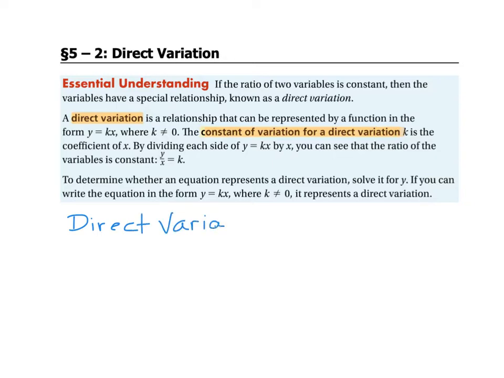Now I know that some of you are familiar with a linear equation in the form y equals mx plus b. This is really similar. This is just y equals kx, k instead of m, and there is no b.